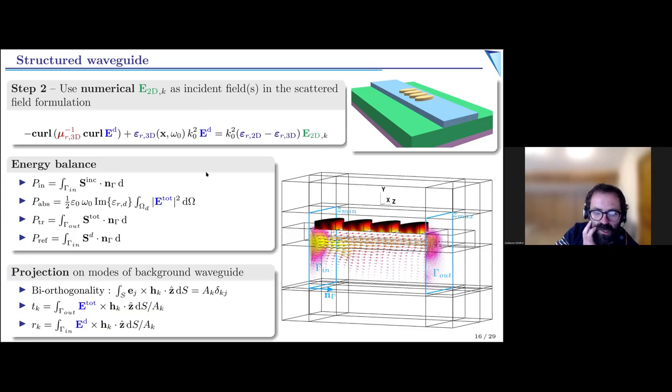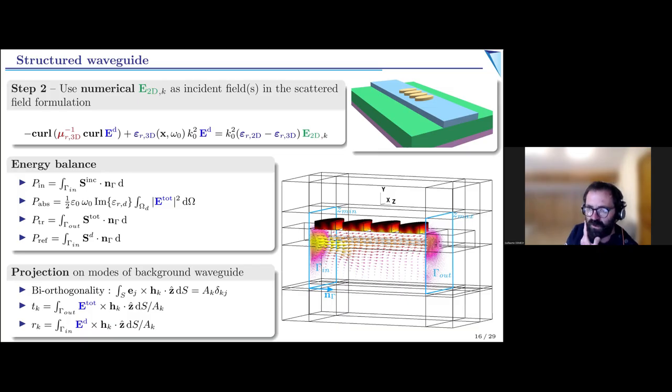So in the end, we can compute the energy balance of this weird setup, and also project the fields onto the modes of the background waveguide. If we look at a cut of this setup, you see the mode that is almost unperturbed at the entrance here, and then it propagates into the waveguide and interacts with these objects at the top.